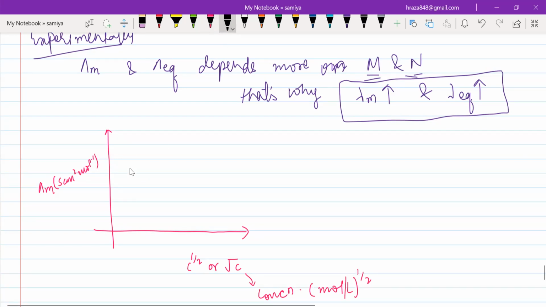The graph we experimentally plot is like this. This is the variation for CH3COOH, a weak electrolyte.